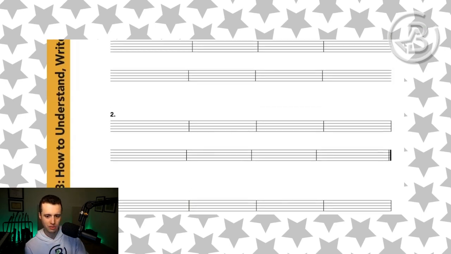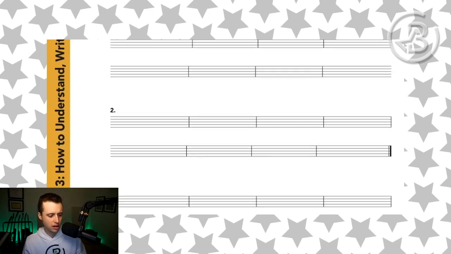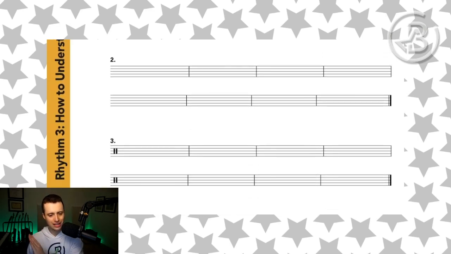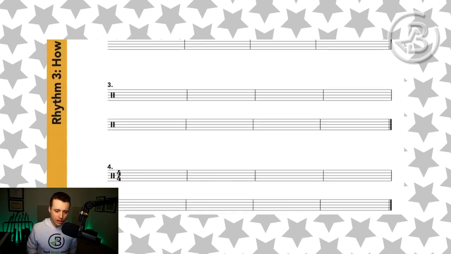Let's recap and review. Step number 1, you're going to divide 2 staves in halves, then quarters. Then on the right side, you're going to close the first stave off with a regular bar line, and on the second stave, you're going to write a final bar line. Then you're going to write percussion clefs for both staves.